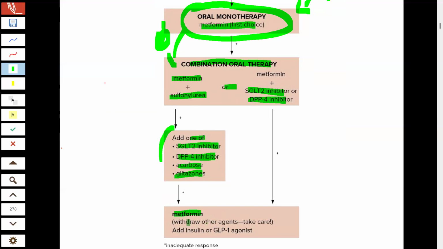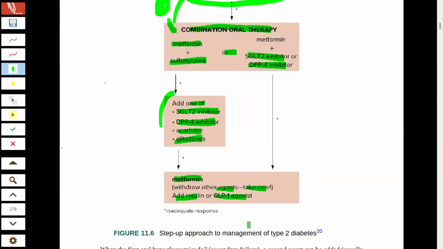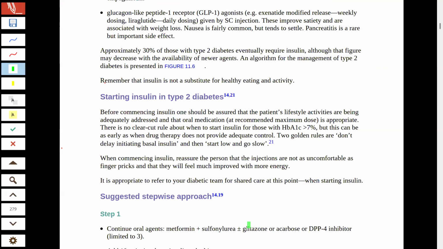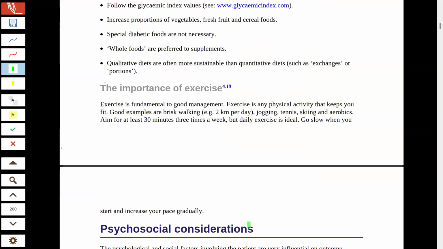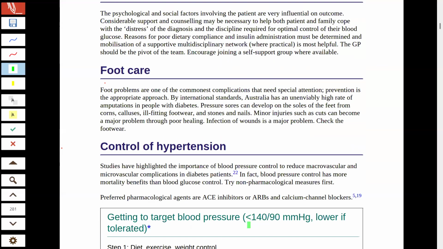And if metformin is withdrawn, other agents take care. Add insulin. At the end, we will add insulin or GLP agonist. So like this, first monotherapy, if ineffective, then dual therapy. If still ineffective, then third line. And if ineffective, then we will add insulin. So in this way, you have to approach to treat the diabetes patient in Australia.